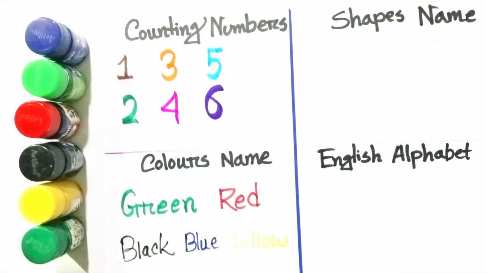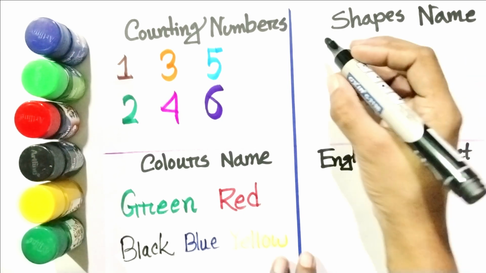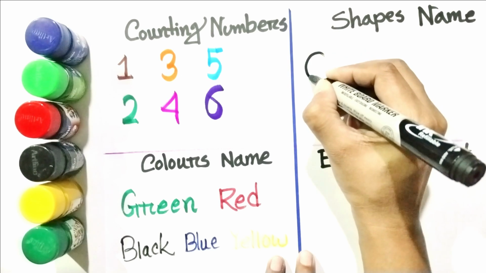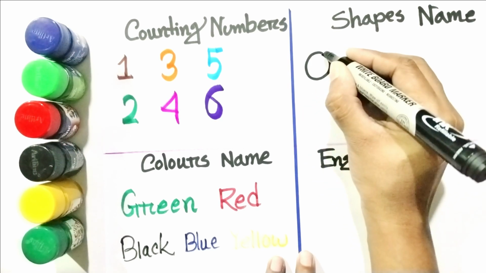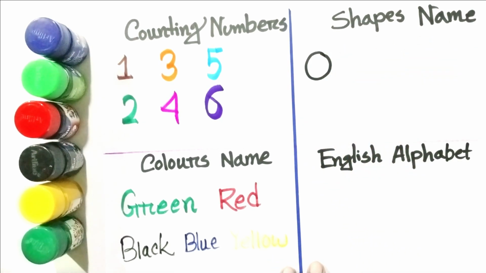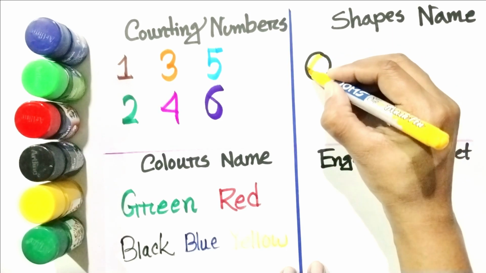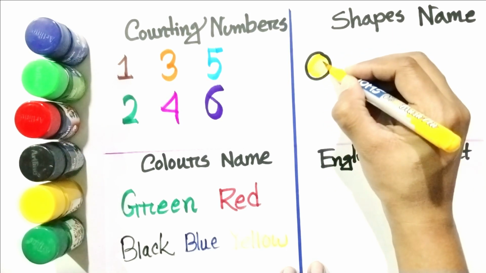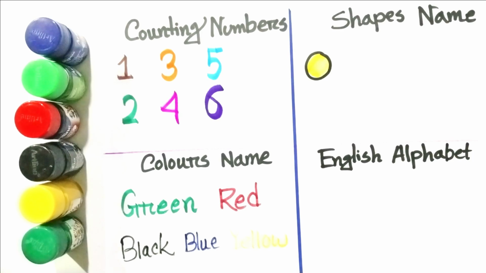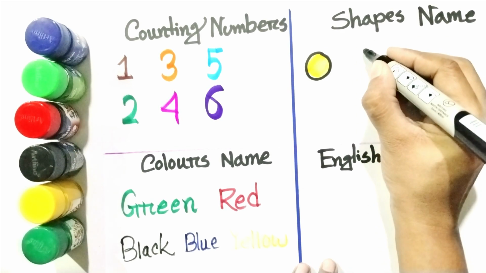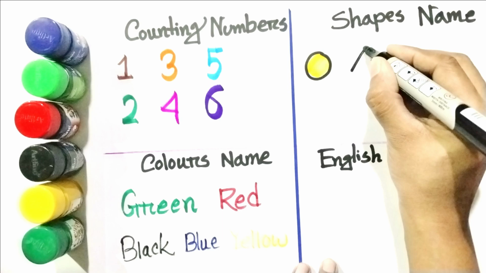Shapes name. Say with me, circle. Draw with me a circle. Color with me, circle. Say with me, triangle.